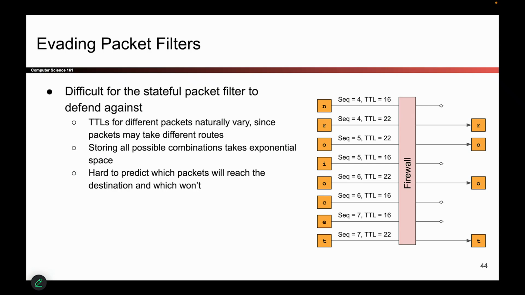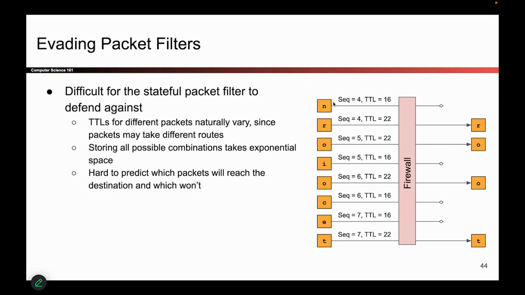Maybe they switch it up and use a bunch of different numbers. Then the firewall has no idea what's going on and how to pick out the packets that actually arrive at the server. Also, packets might take different routes, so the TTLs aren't guaranteed to always be the same. So we can't just use the numbers 16 and 22 to help us. Those could be different as well.